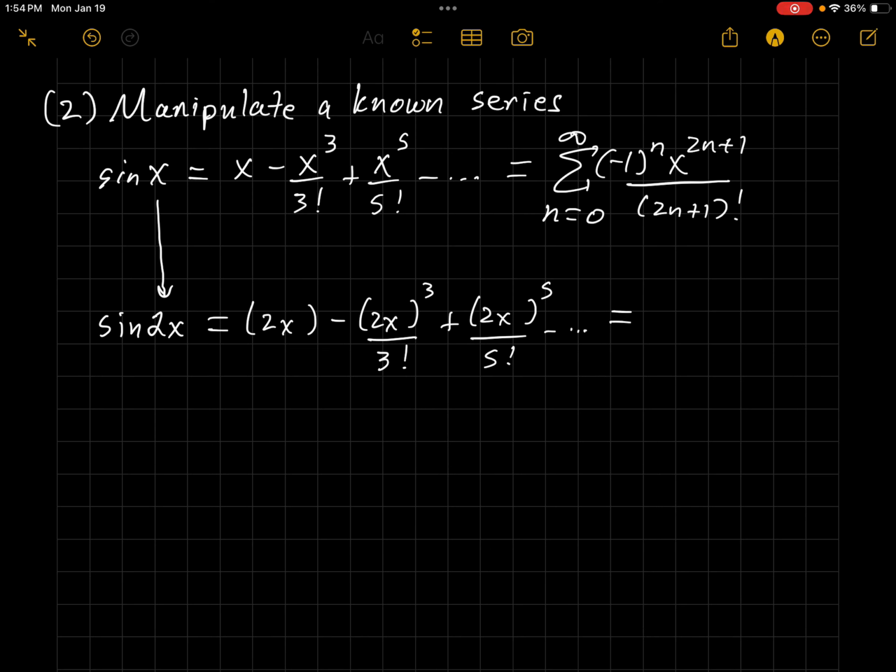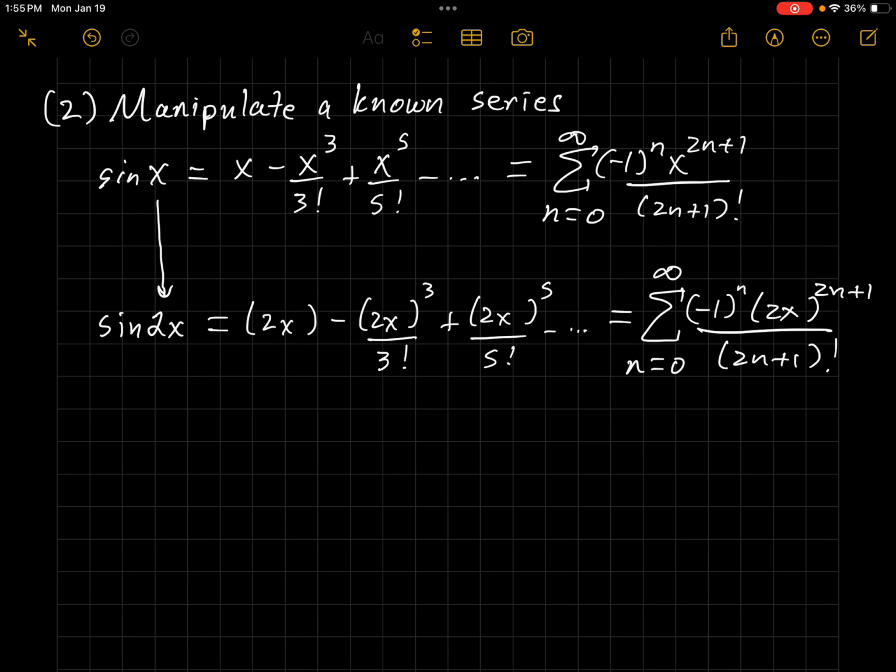But I could also do that into my sigma notation. So n equals 0 to infinity, negative 1 to the n, and then 2x to the 2n plus 1 over 2n plus 1 factorial.